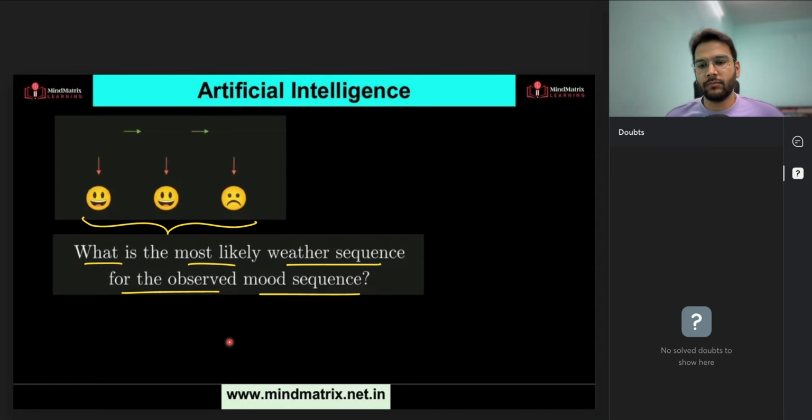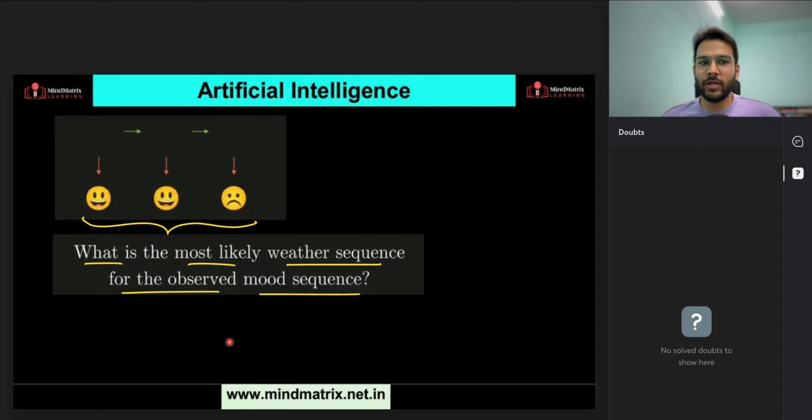Now, how many weather sequences are possible in total? Repetition is also possible, right? 27, exactly. 27 is the answer, 3 into 3 into 3, that is 27.